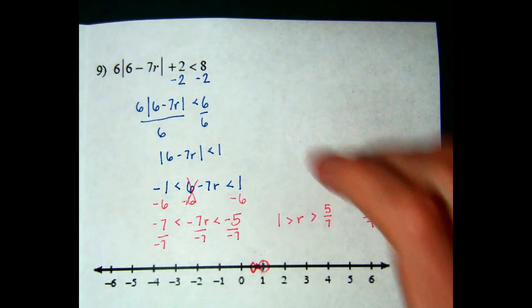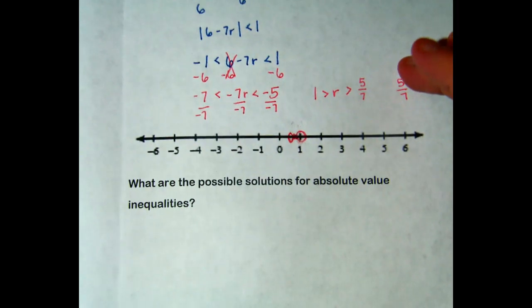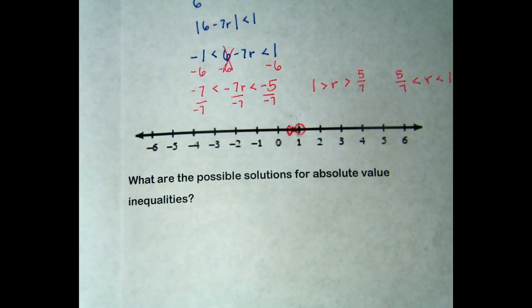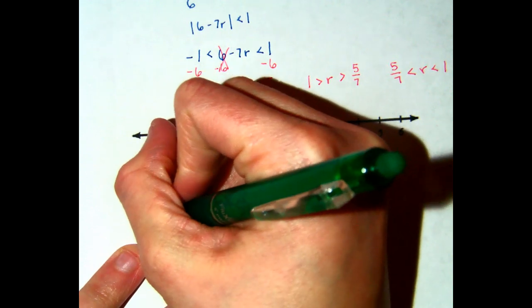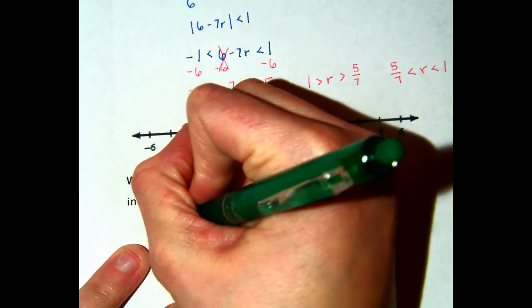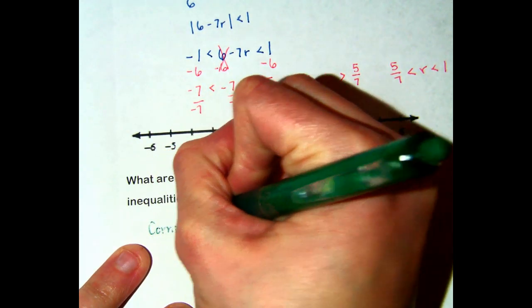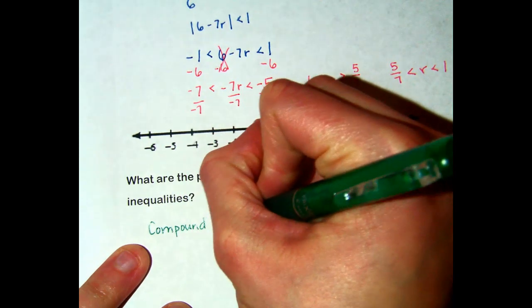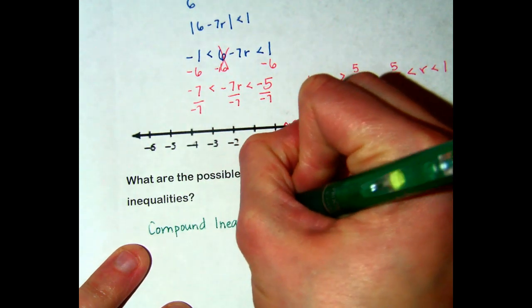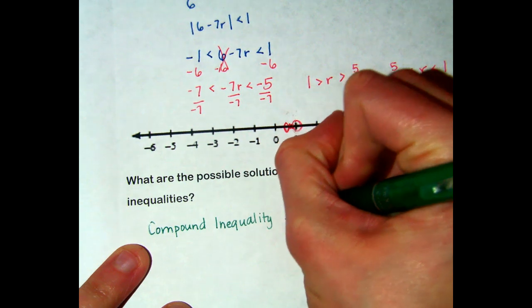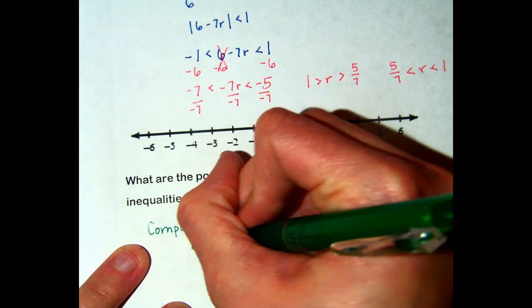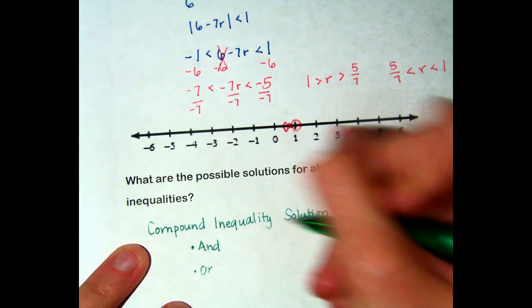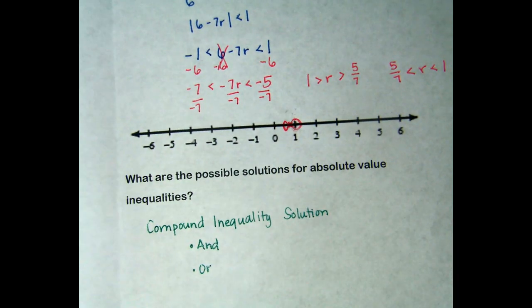Alright, just for a recap, what are the possible solutions for absolute value inequalities? So you could have a compound inequality solution. You could have either and or with a range of values for each.